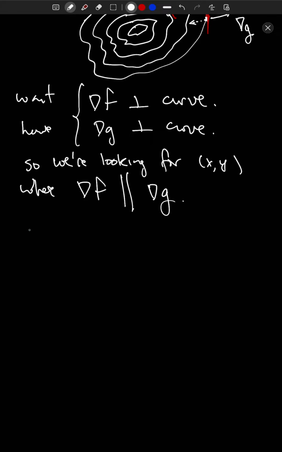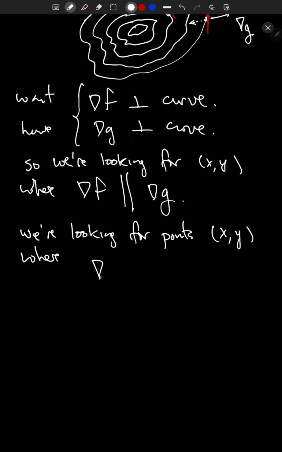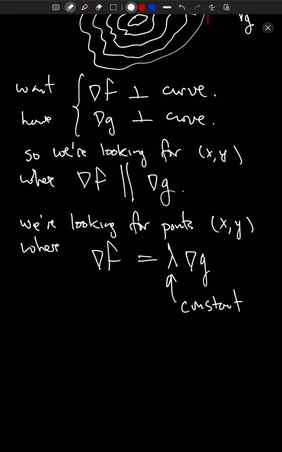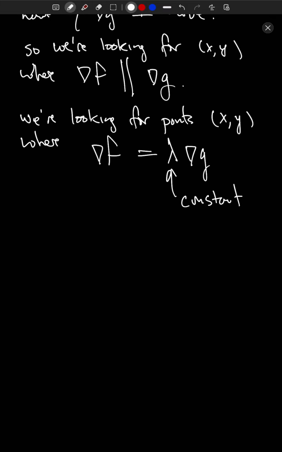So in other words, we're looking for points x comma y, where gradient f is equal to lambda gradient g, where lambda is a constant. That's what it means to be parallel. The relationship to each other is that one is a scaling of the other vector.